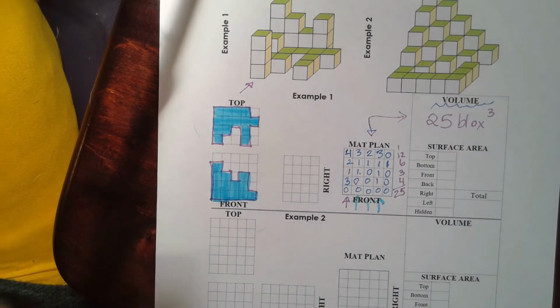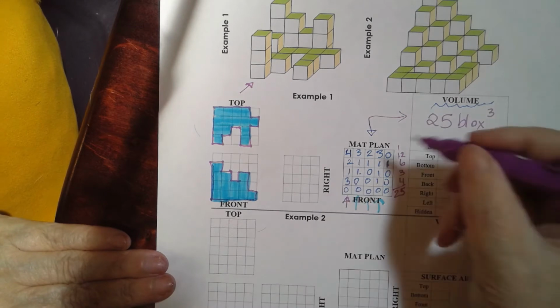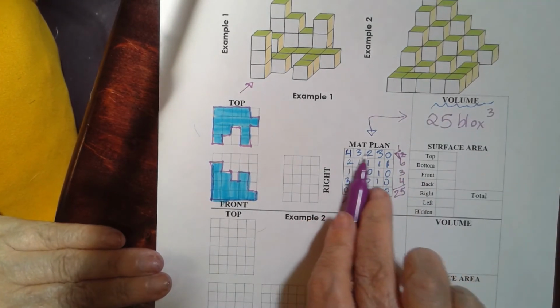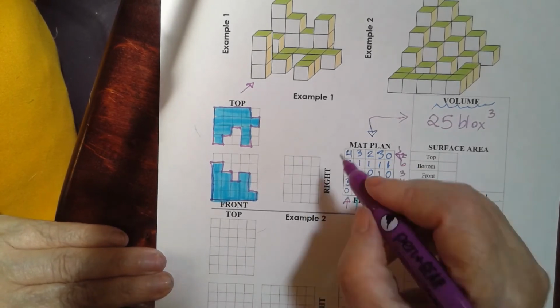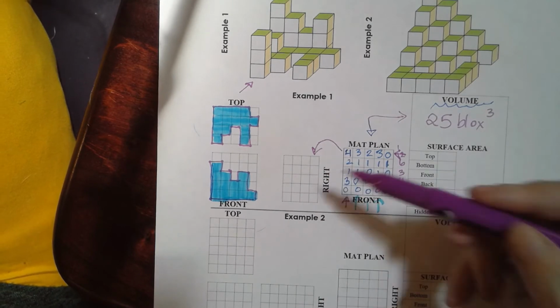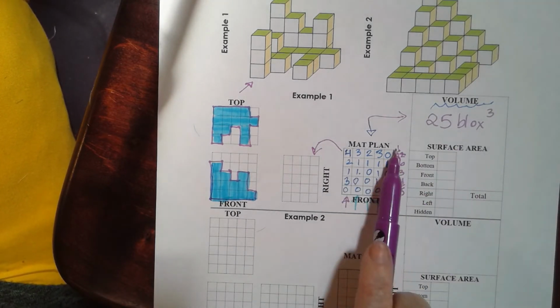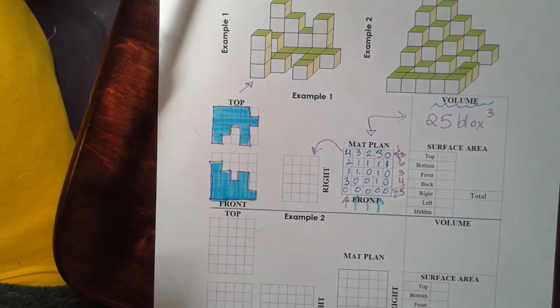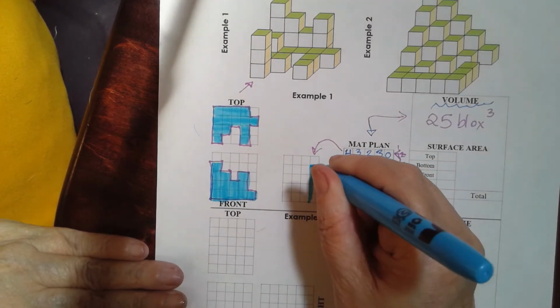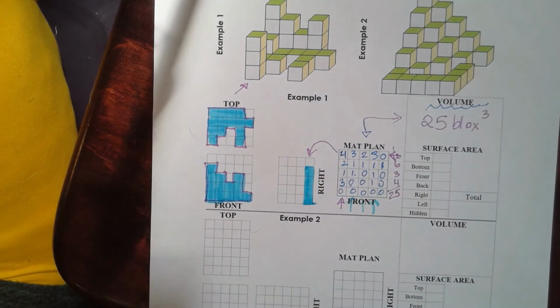So I'm going to look here and say, okay, starting from the far back, what is my biggest number here? My biggest number is how many blocks I shade in, and my biggest number is a 4. So I'm going to shade up 4 from the bottom, because we can't have them floating in space.